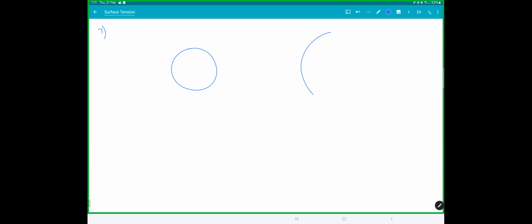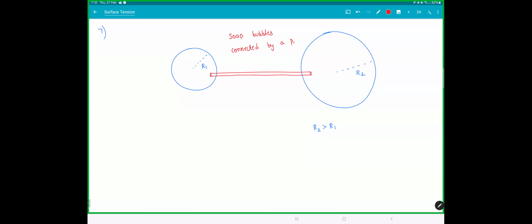Next thing, a simpler one. We have a small bubble and we have a big bubble. This is R2. This is R1. And let's say R2 is greater than R1. And let's say both are connected with a pipe. So the question is, in which direction does the air flow?